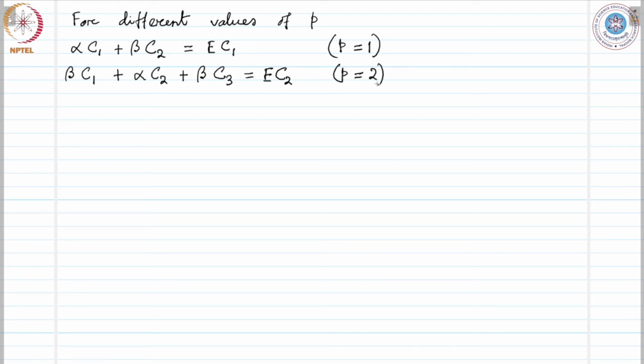Subsequently, for P equals 3, we can write beta C2 plus alpha C3 plus beta C4 equals E C3.